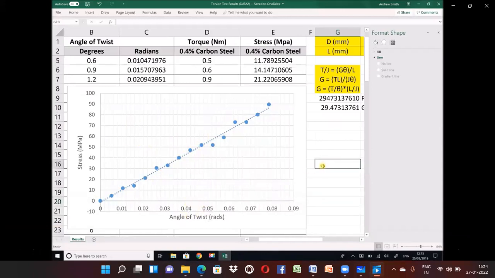So we have equals 50 megapascals, well that's 50 million, or 50 e to the 6 in Excel. And at 50 megapascals, we have an angle of twist of 0.046.